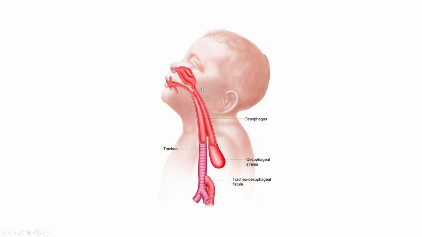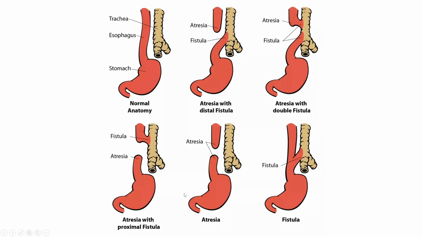The esophagus should be a continuous passage that goes to the stomach. Here we won't have this condition. It will end in a blind pouch. This is the pouch, and we will have a tracheoesophageal fistula with it, which is a part of the esophagus attached to the trachea by a fistula, then continuing to the stomach.